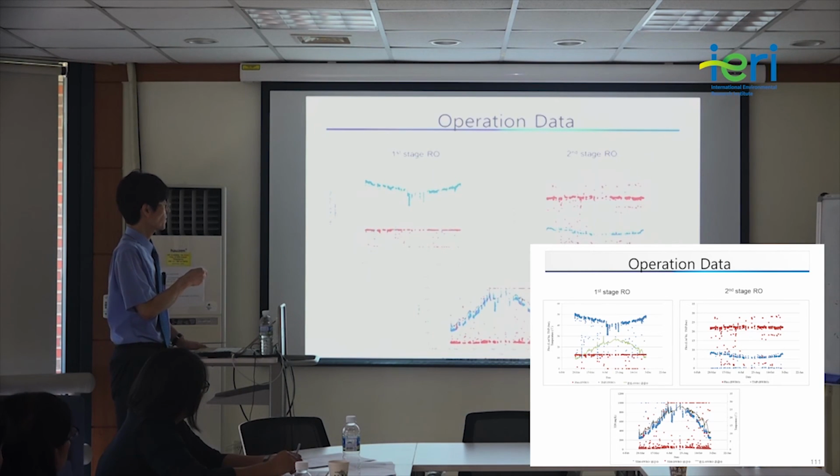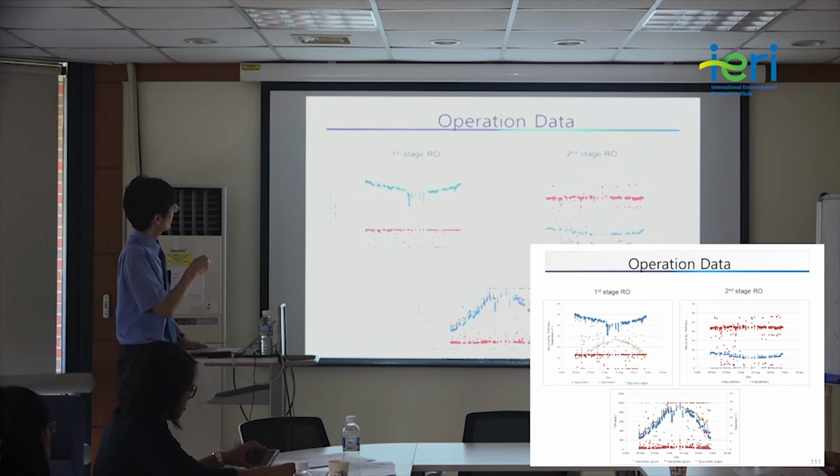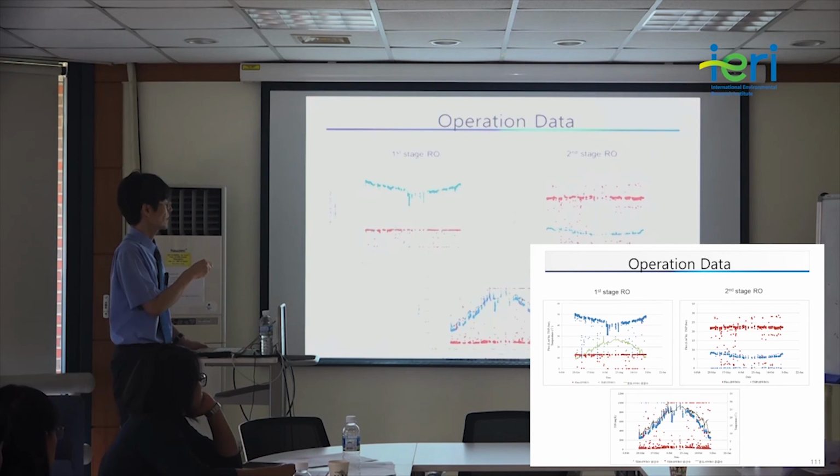So seawater temperature increases from 10 in March to 26 or 27, or 28 in August. I guess it's around this time. And with that, you see that this applied pressure is reduced from 50 bar, and this is an error or data hunting, it is reduced to around 40 bar.